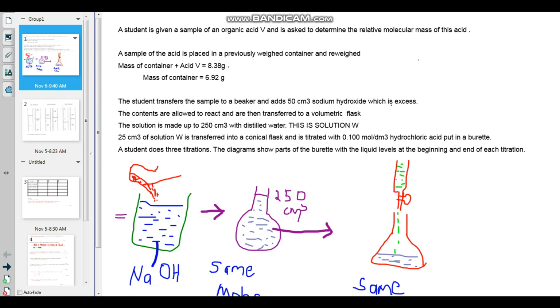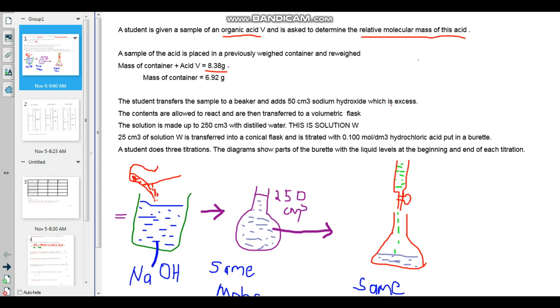The question says, a student is given a sample of an organic acid V and is asked to determine the relative molecular mass of the acid. A sample of the acid is placed in a previously weighed container and then reweighed. The mass of the container plus the acid is 8.38 grams.